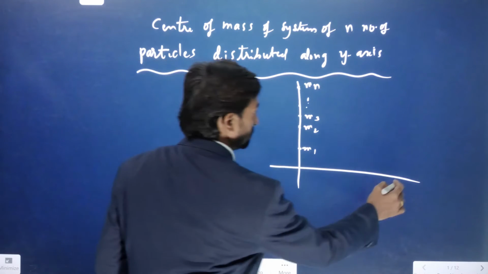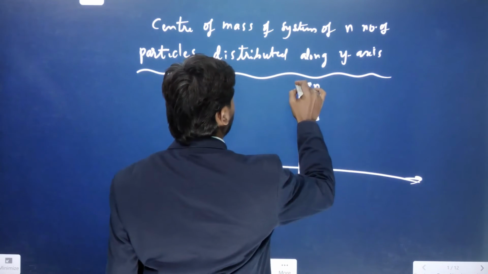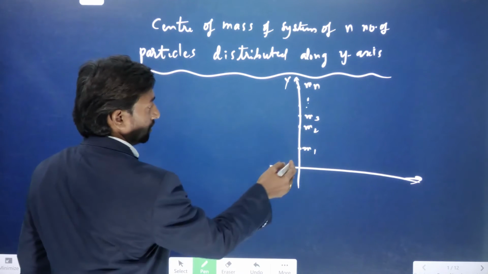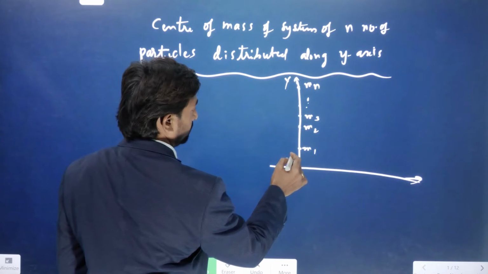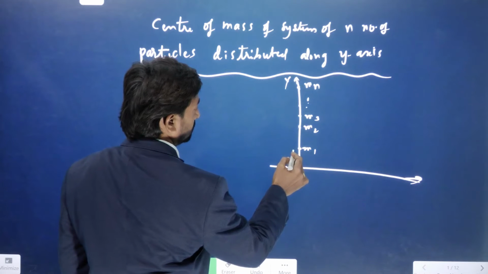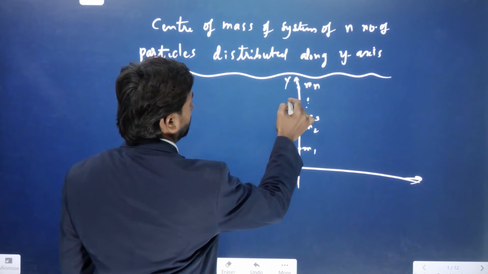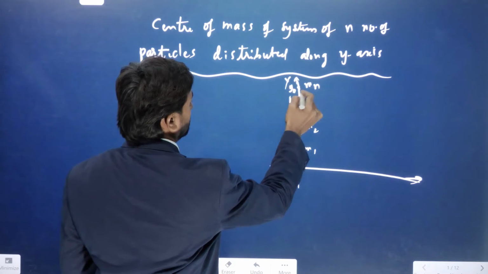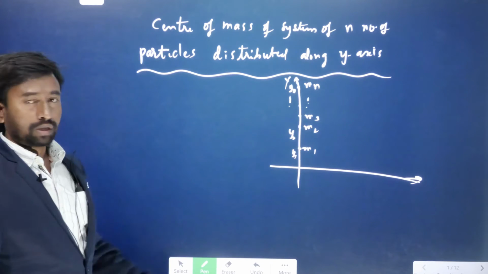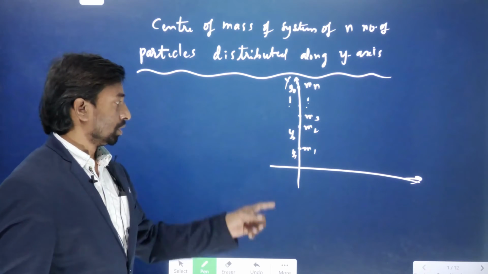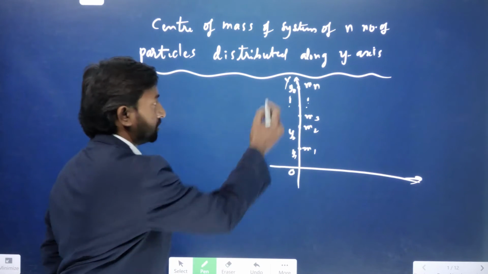This is the x-axis and this is the y-axis. The first particle is at a distance of y1, the second at y2, and so on up to yn. The nth particle is displaced from the origin at a distance of yn.